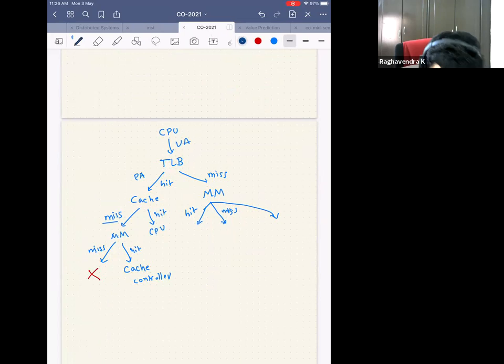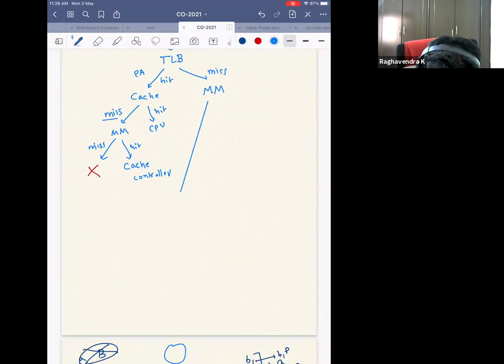Okay, what does it mean? So what does hit mean to me? It means that I found a translation.